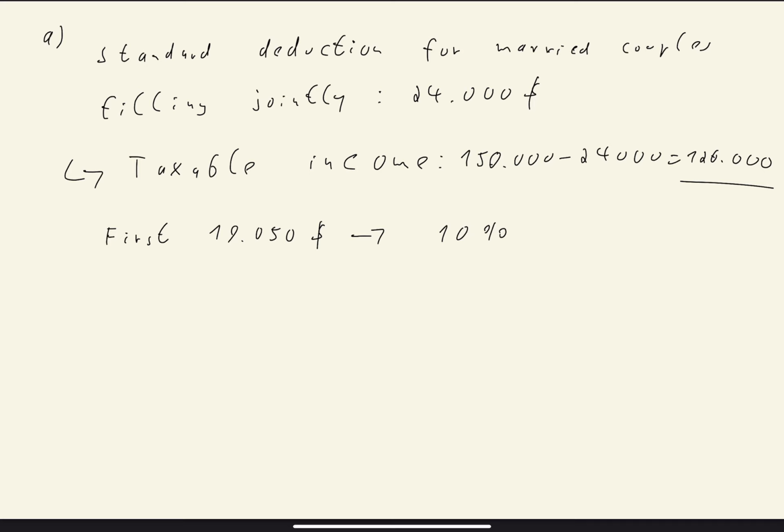So the taxable income is simply the total income, $150,000 minus $24,000, which gives us a taxable income of $126,000. This will be the amount on which we apply the tax schedule.